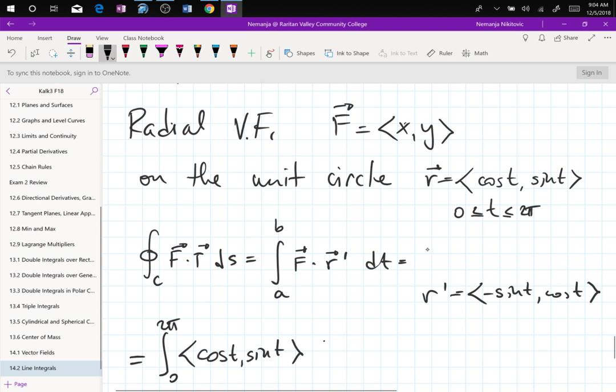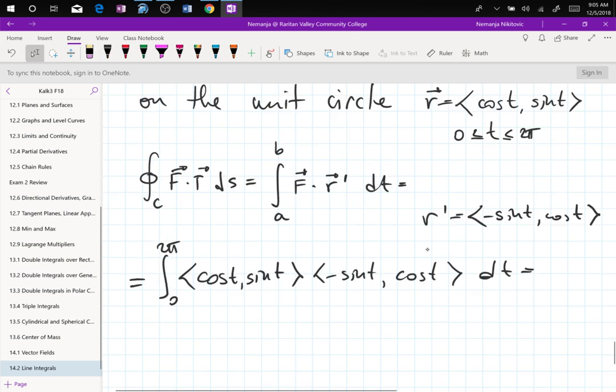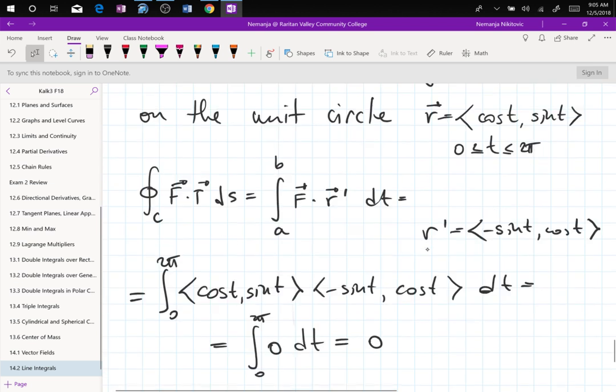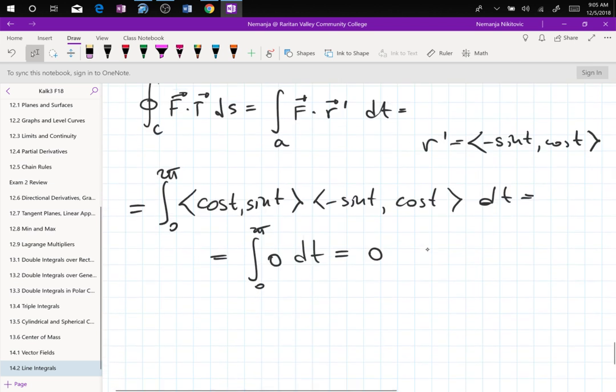Then we dot that with negative sine t, cosine t, everything dt. When you do the dot product, you have negative sine cosine plus sine cosine, so this is the integral of 0 dt, which is 0. So we have 0 for this one. That was the radial vector field.